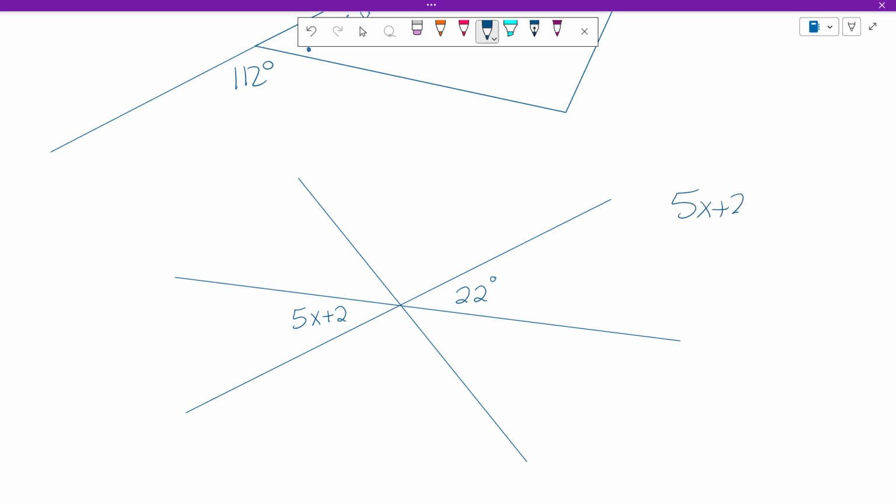Set 5x plus 2 equal to 22. Set them equal to each other. How do I solve for x? Minus 2. So 5x equals 20, and then divide by 5. X equals 4.